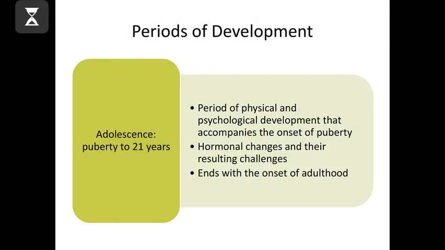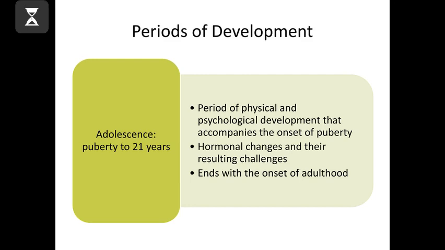Here we are at adolescence, and adolescence is the period of physical and psychological development that accompanies the onset of puberty. What does that mean? After puberty starts. We know that puberty is a stage of maturation in which a person becomes physiologically capable of reproduction.